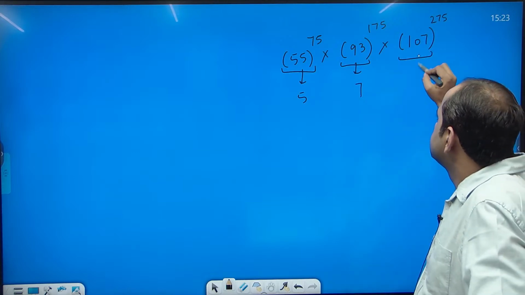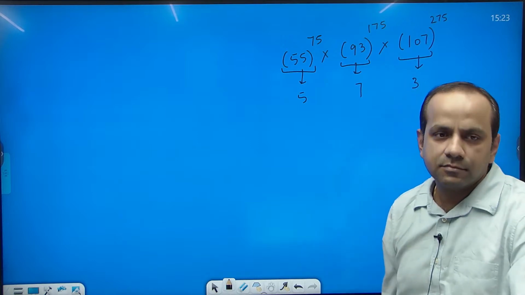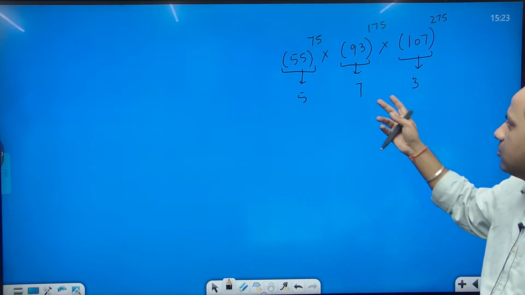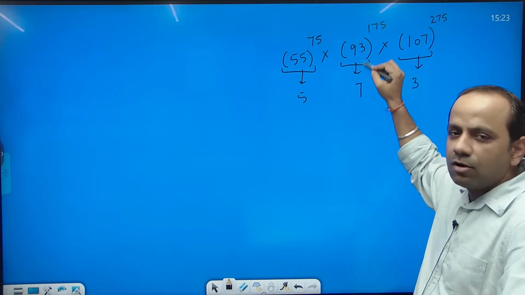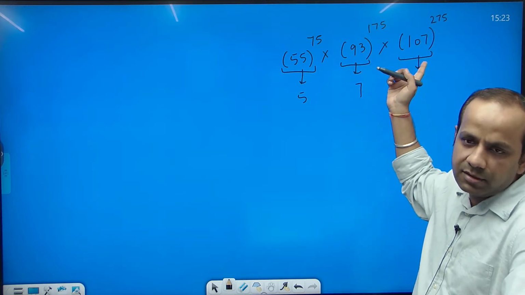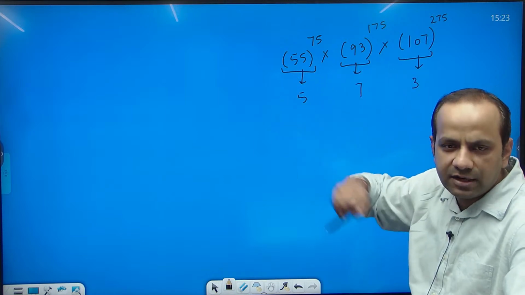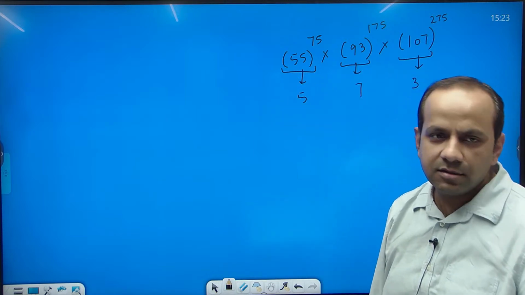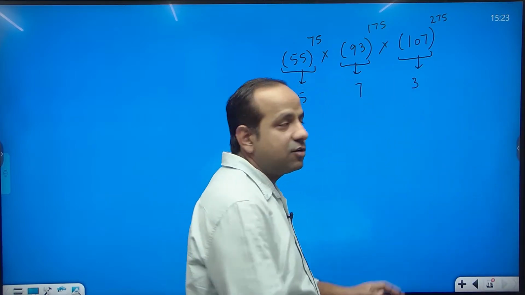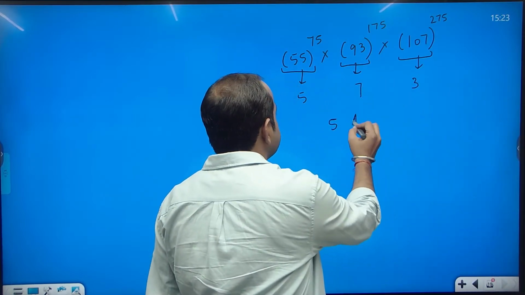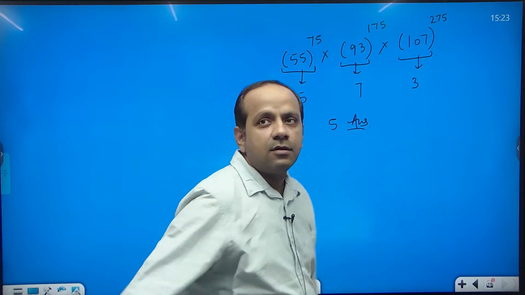Even we need not to calculate these unit digit also, because we know that whatever the value is, this will be odd or even, and when we multiply 5 with any odd number, unit digit will be 5. Okay, any doubt in this? So your final answer will be 5. Clear?